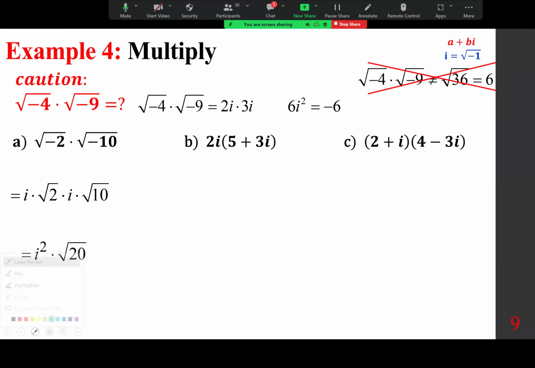And 20, as you know, is the product of two numbers, one should be a perfect square. As you know, this is 4 times 5. The 4 comes out as 2, the 5 remains, and i squared is replaced with a negative sign. So minus 2 square root of 5.